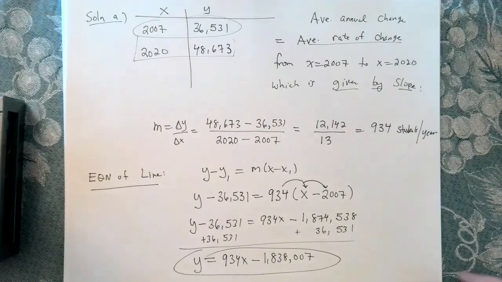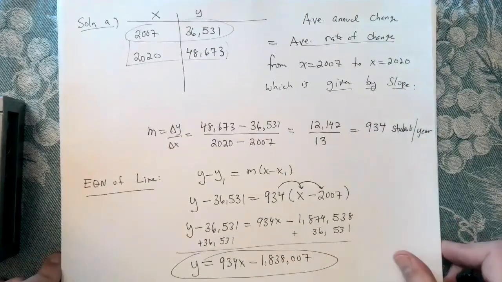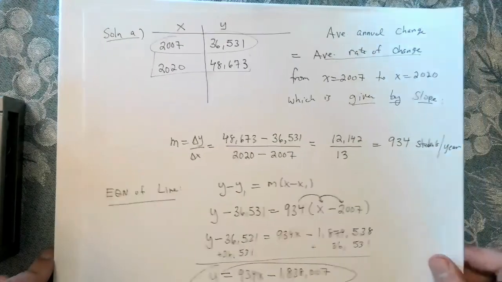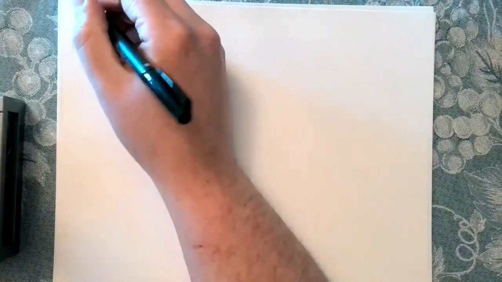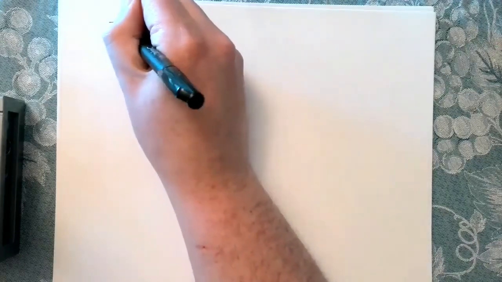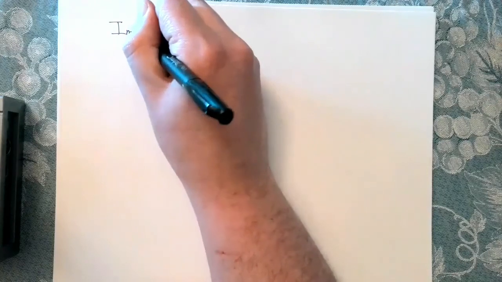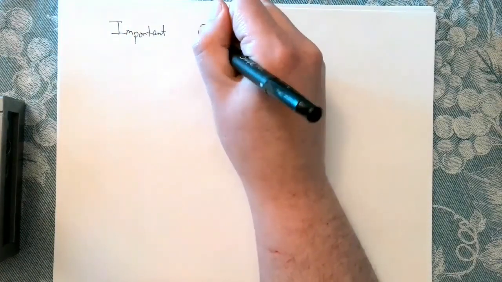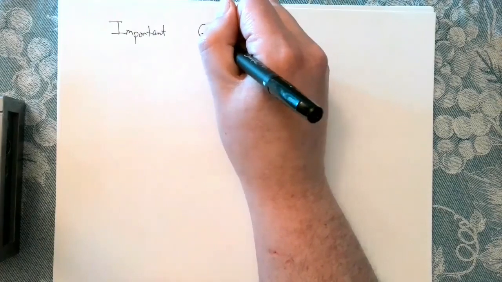Okay, so there are a couple of very interesting properties of certain types of lines that we need to investigate. These are important geometric properties, and they're not obvious.